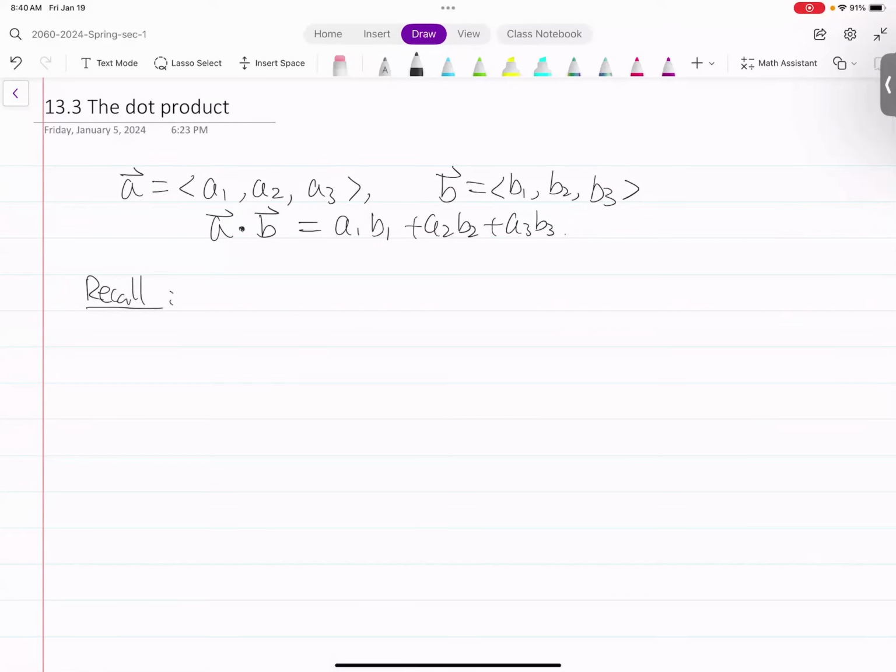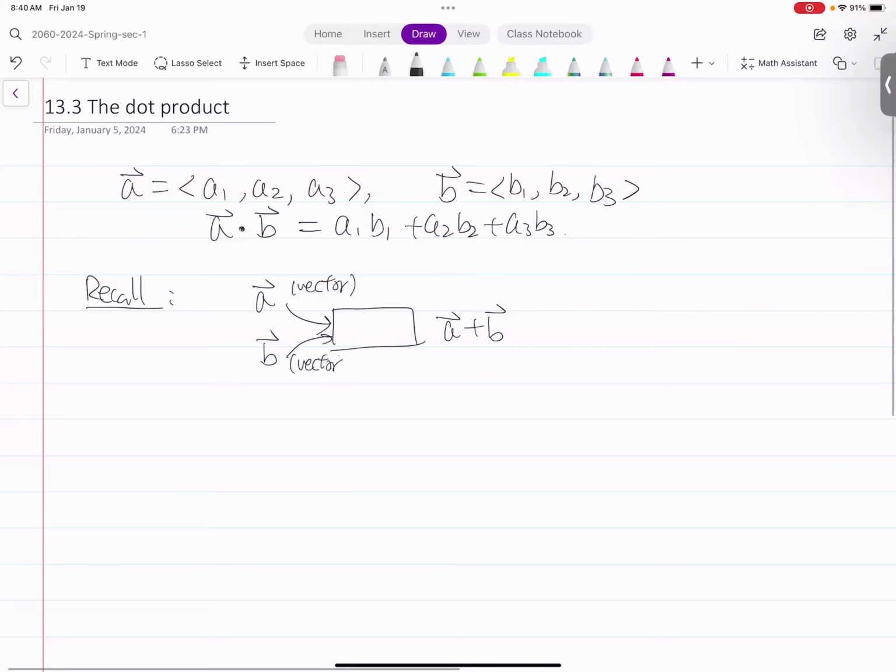Recall that if we have vectors A and B, when we do addition, we throw these two vectors into an operation that we call addition. It's a white box in the sense that you know everything that happens in it.